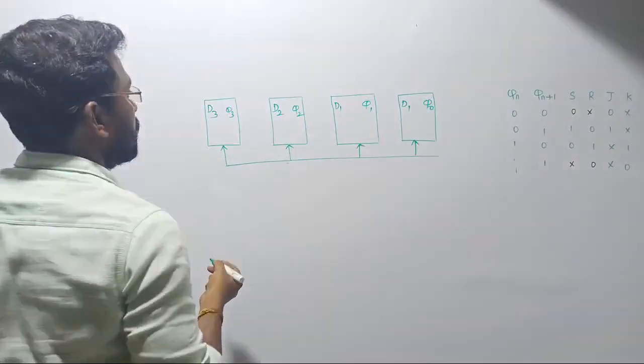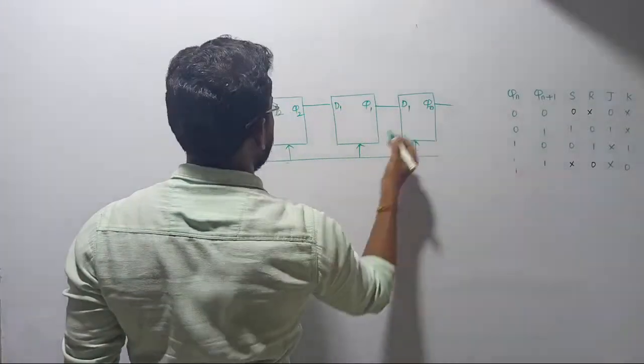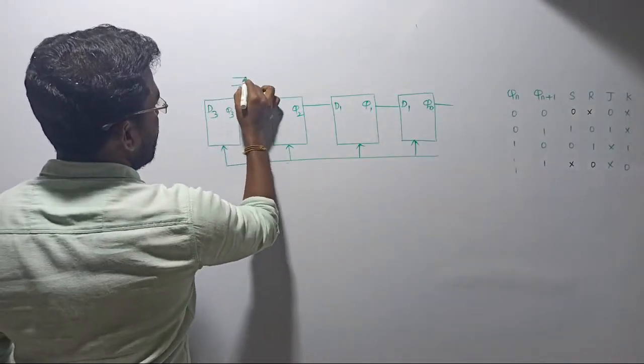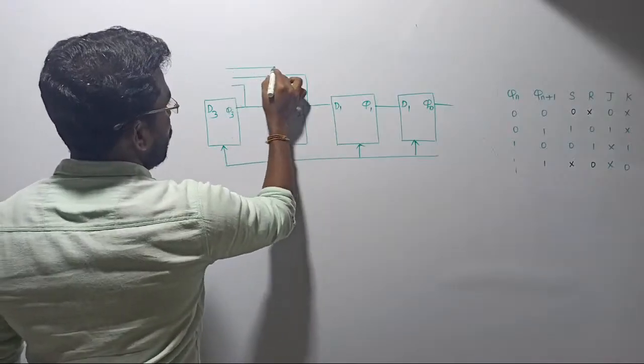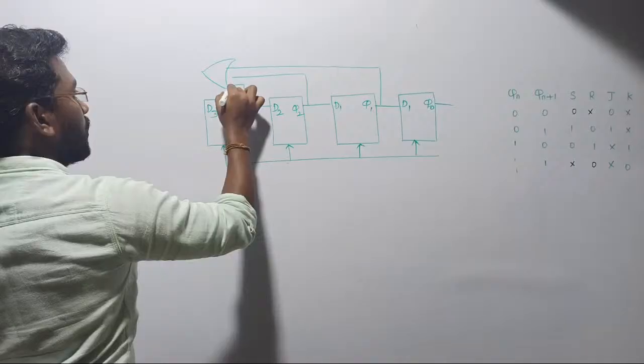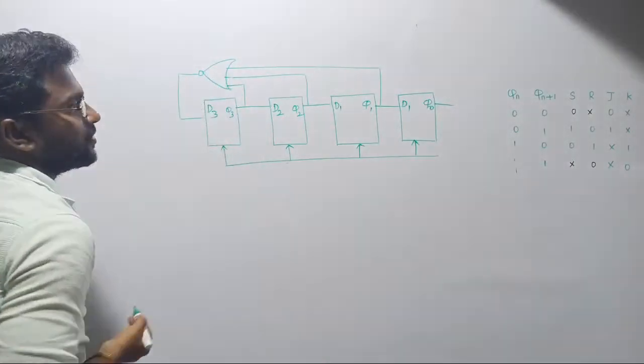It will be simply connected like this. They took a line from here, one more line from here, and one more line from here, and these are connected to a NOR gate, given like this.